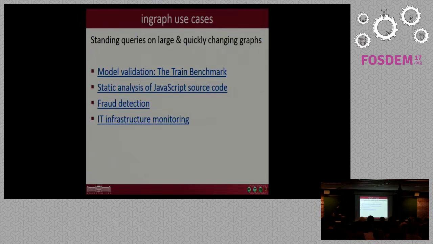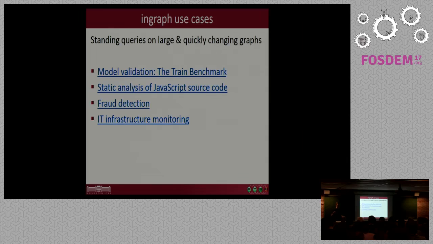So I would like to highlight some use cases. We have a model validation framework called the Train Benchmark, which is also built around a railway network. But instead of doing runtime checks, we do checks during the design of it. We have a static analysis framework for JavaScript source code that I will talk about in a minute. And also, I think that incremental queries can be beneficial for all use cases where you have standing queries on a large and continuously changing graph.